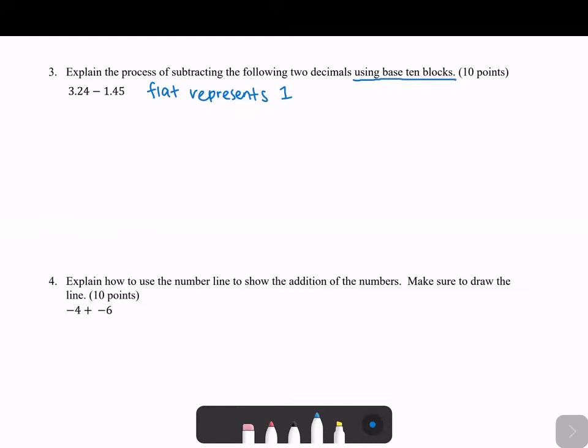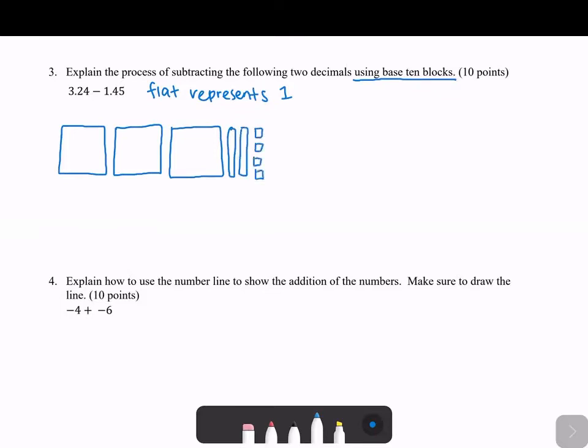So remember our subtraction algorithm using base 10 blocks. We draw everything in the first number. So we have 3 flats for 3 ones, 2 longs for our 2 tenths, and 4 units for our 4 hundredths. So the first step is to draw the blocks for the first number. And these steps are necessary.